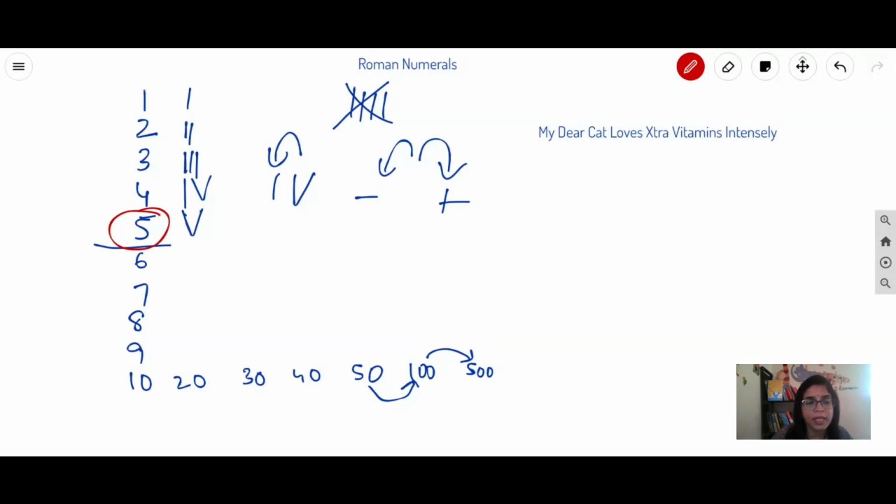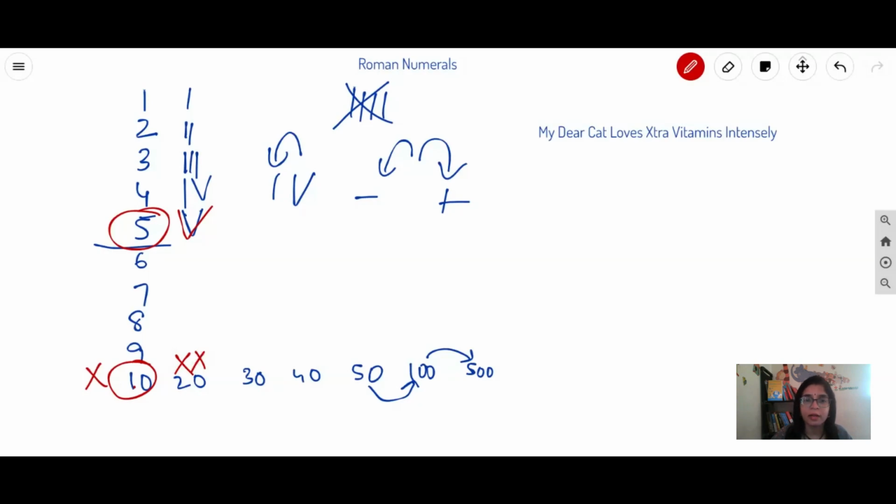After the fourth thing, they're not going to repeat, because this 10 is going to be a repeating point for them. Just like 5 had a different structure like a V, for 10 they have a structure like an X. Now they'll continue: for 20, they will write it as 2 times this.